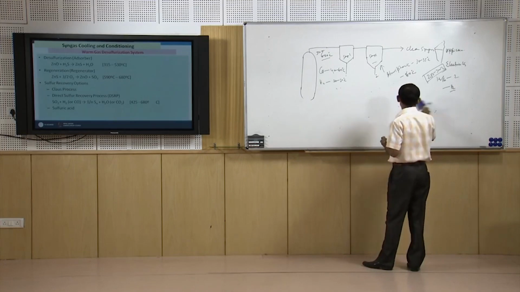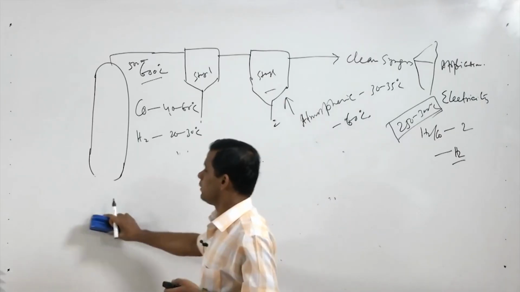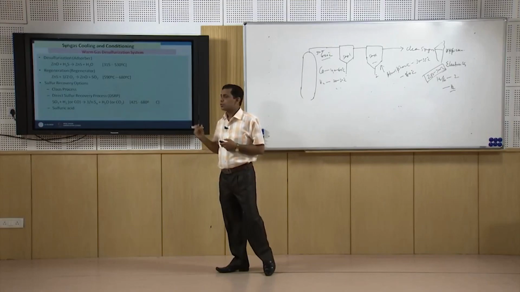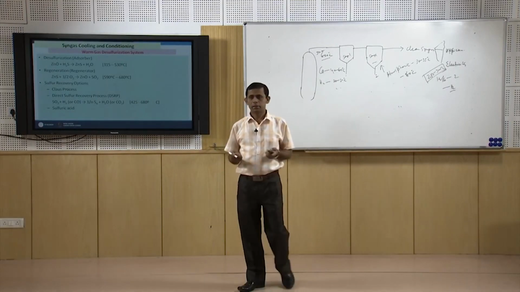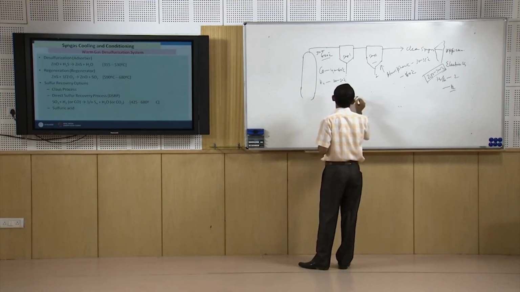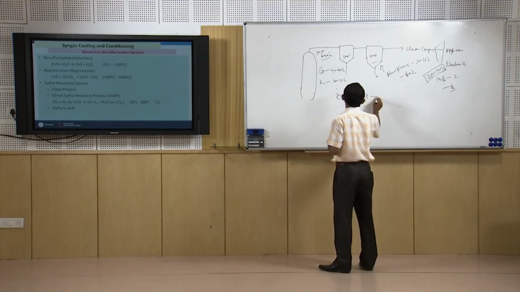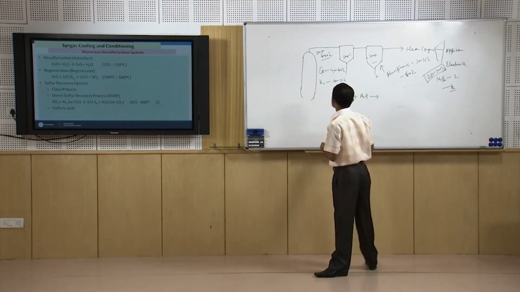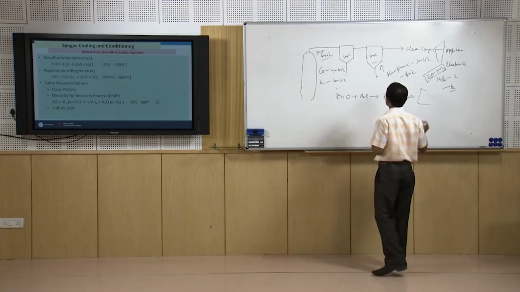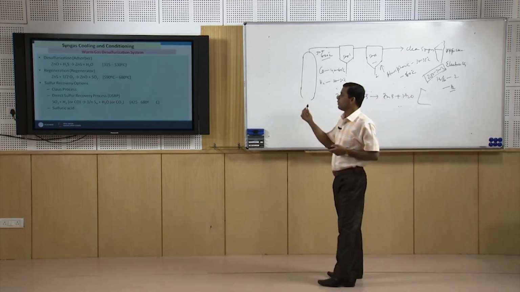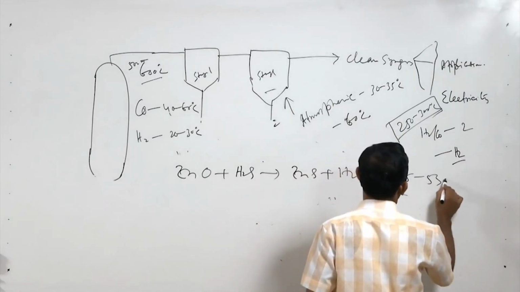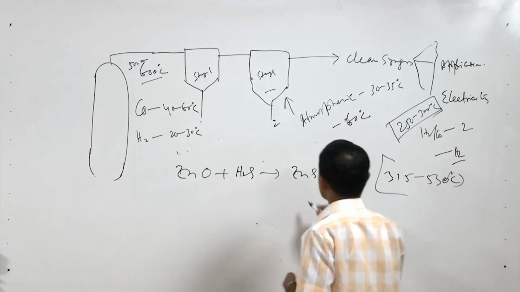If we further increase the temperature, then regeneration occurs, so sulphide is converted to metal oxide again. For example, if we use ZnO plus H2S, it will give us ZnS plus H2O at high temperature, that is around 315 to 530 degree centigrade. So, this reaction takes place.